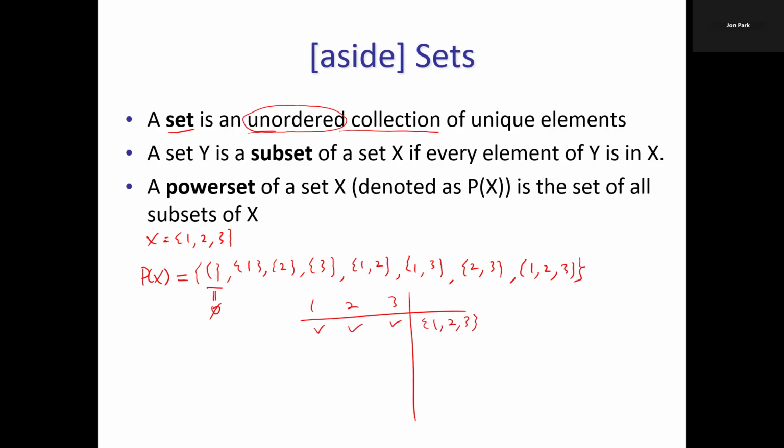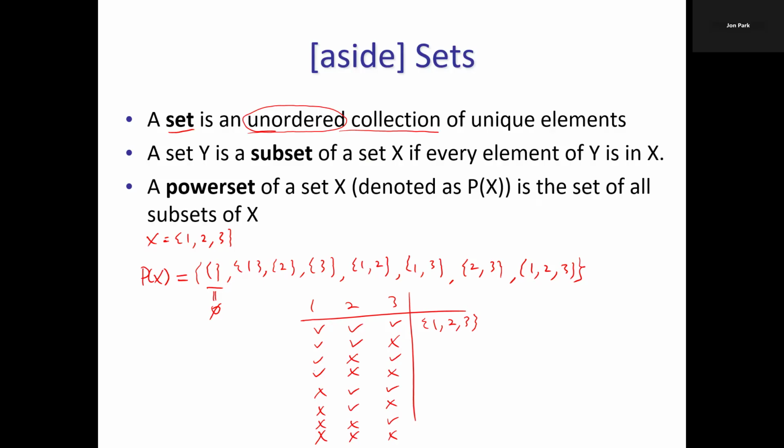So it's include, include, include, include, not include, not include, not include, not include, include, include, not include, include, not include, not include, include, not include, include, not include, include. Okay, so those are all the possible combinations of including and not including the elements. And then each row represents a particular subset.